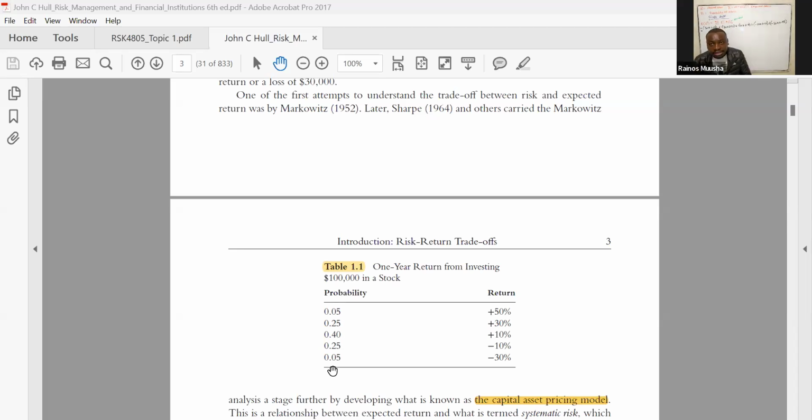Because probabilities and weights, if they are given in decimals, should add up to 1. And if they are given in percentages, they should add up to 100%. So in this case, because the probabilities are given in decimals, they should add up to 1. If they are not adding up to 1, it means that there's something wrong with the question or with your observation of the values as well.